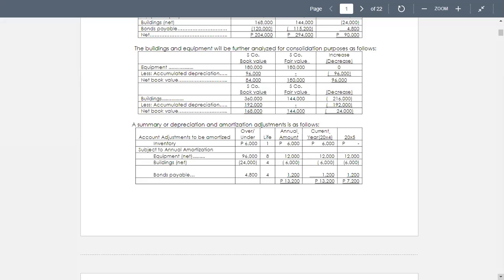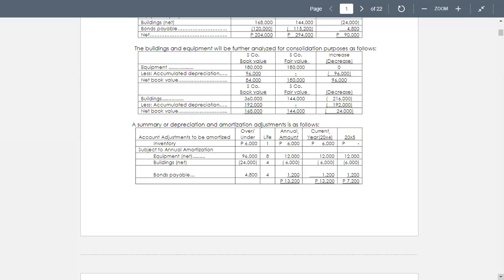For the bonds payable, being a liability, actually there is an undervaluation in terms of net assets. The fact that this is a liability. So the bonds payable, 4,800, we are going to divide it by 4. So the annual amortization of the discount actually is 4,800.